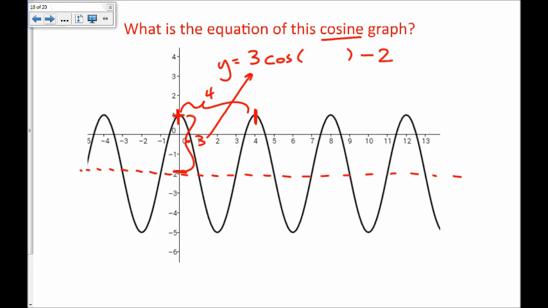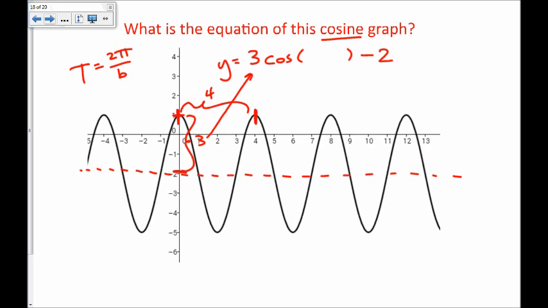Now this period of 4 means that there has been some kind of a horizontal compressing or stretching that has happened. Now the formula T equals 2 pi over b is very useful for us, not only to find the period using b, but also using the period to find b.